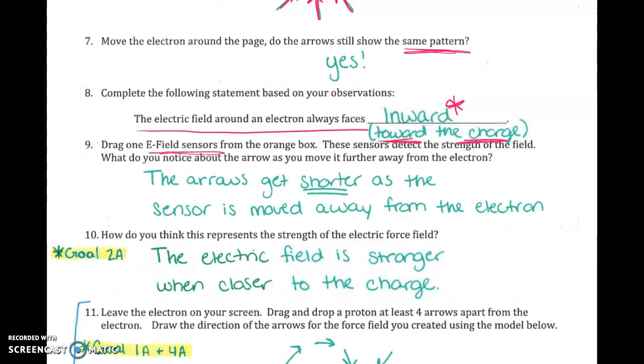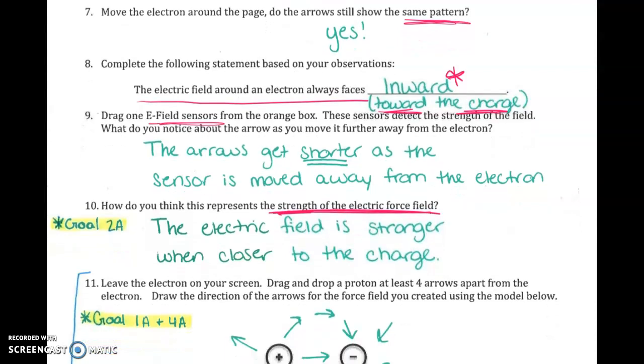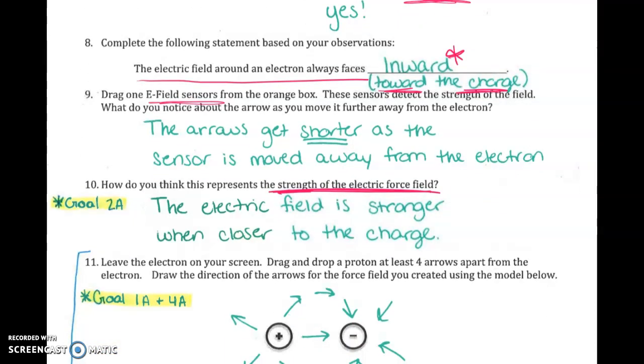And that is representative of the strength of the electric force field. So we would observe that the field is stronger towards the source of the charge versus away from the charge. So the electric field is stronger when it is closer to the charge.